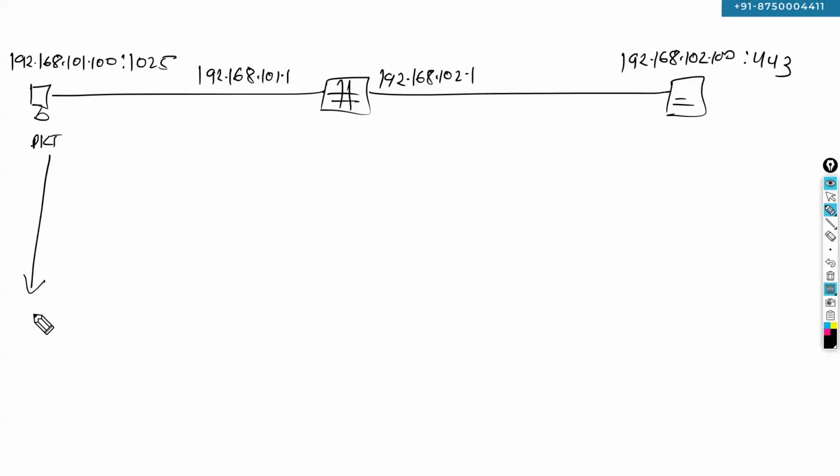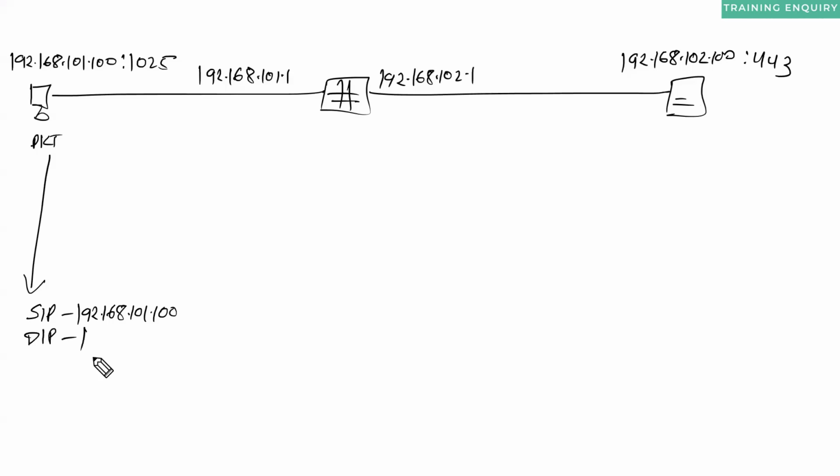The packet structure will be like this: source IP will be 192.168.101.100, and the destination IP, it wants to go to 192.168.102.100.